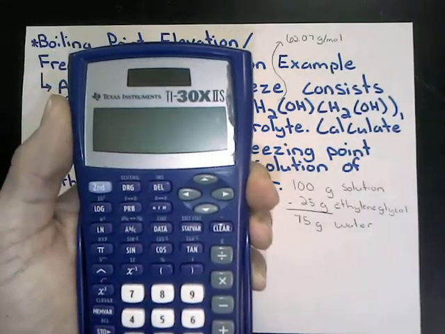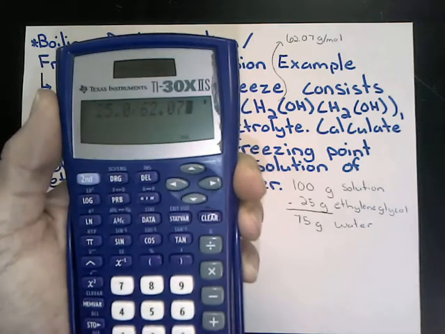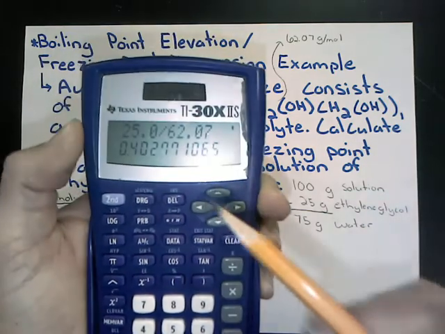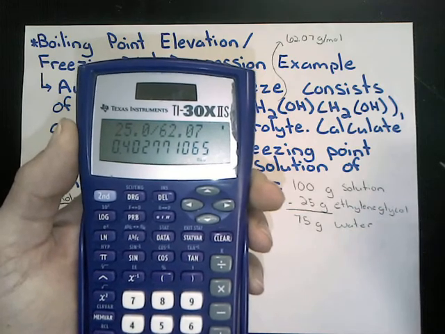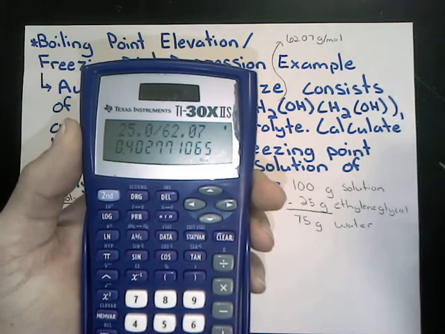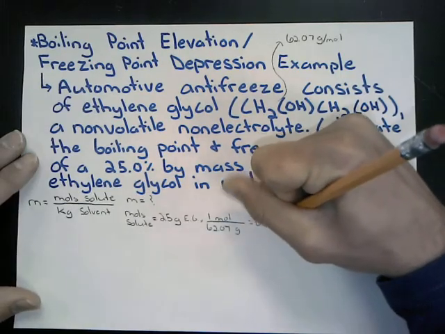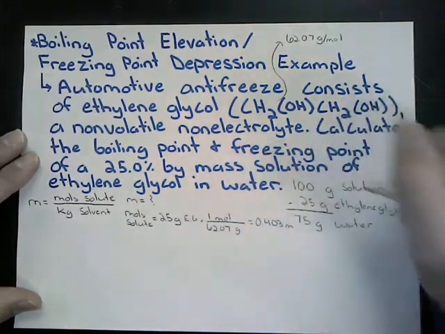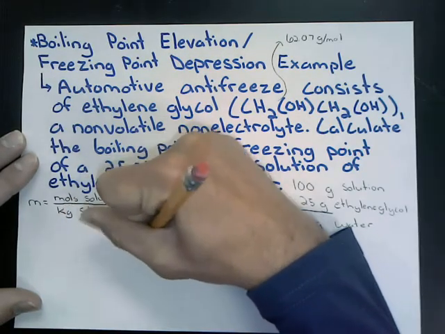We press enter, and rounding to 3 significant digits, we get 0.403 moles. And then our kilograms of our solvent.